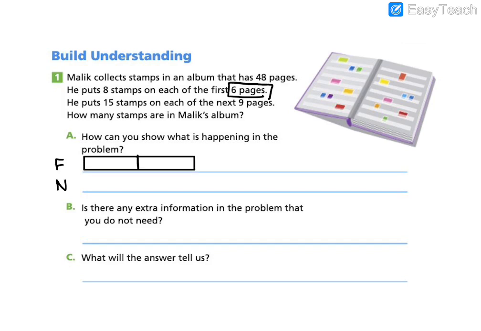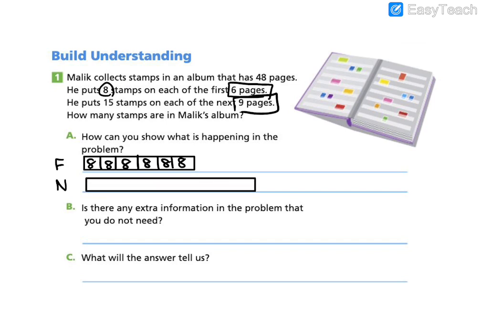So I'm going to show those 6 pages. And each one has 8 stamps. The next section has 9 pages, so he has more pages in the next section. Okay, so there's my 9 sections.